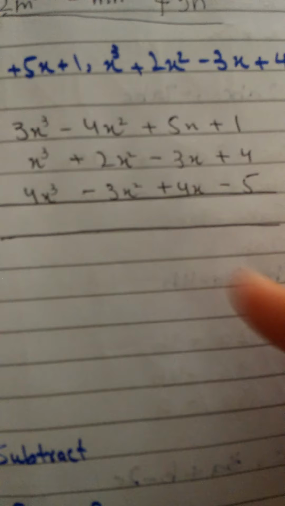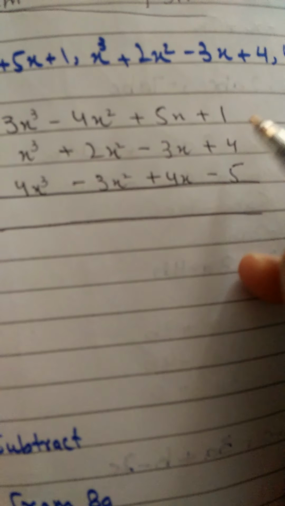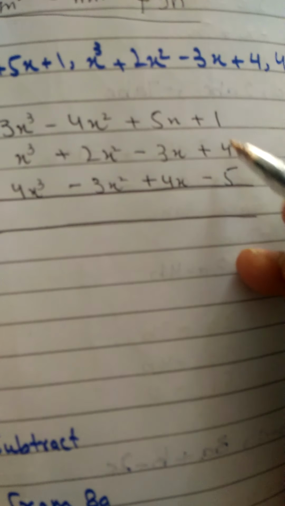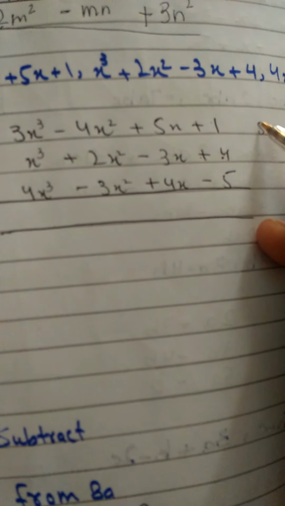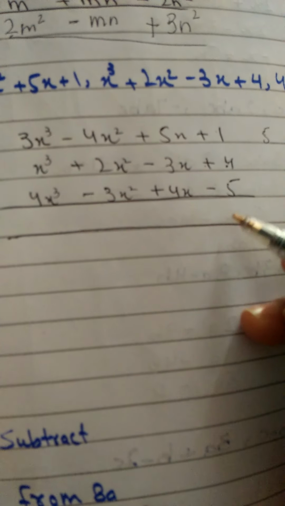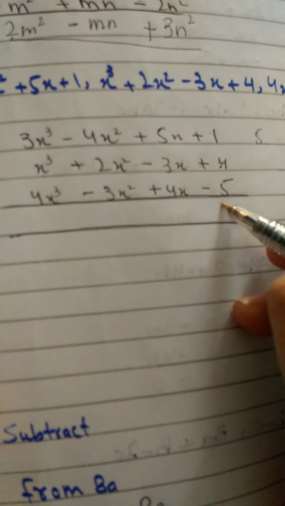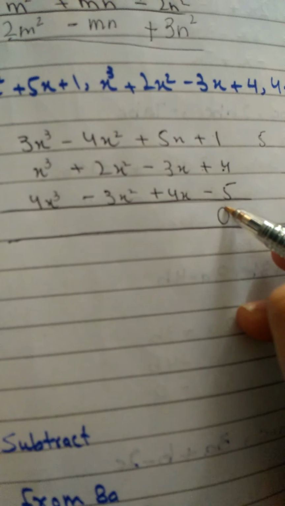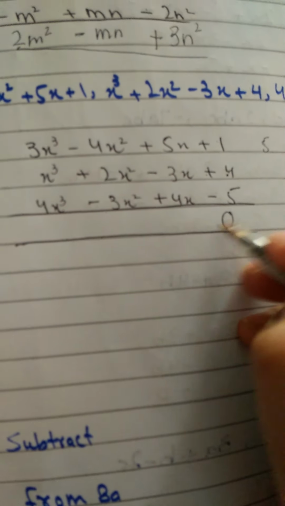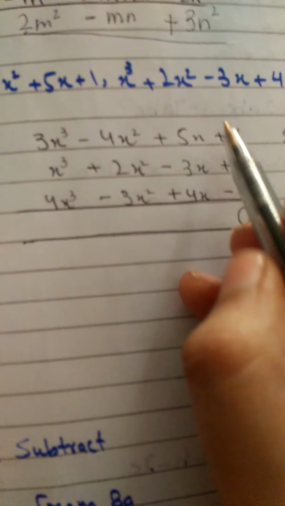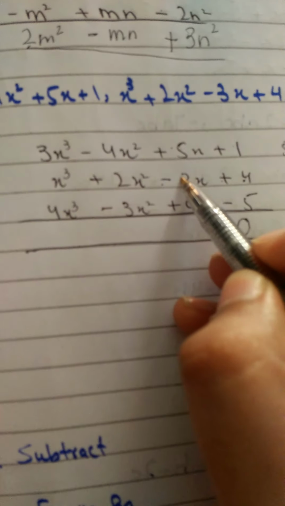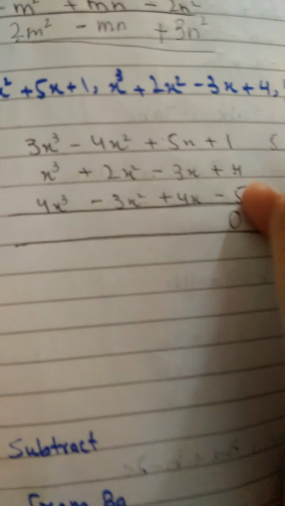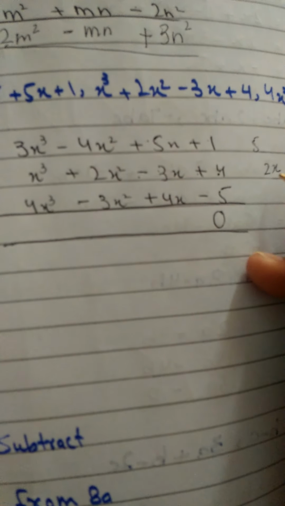Now, in the next part, we are given three algebraic expressions, writing in vertical form. Plus 1 and 4 to get 5. Now, plus 5 and minus 5, we will get 0. So, we will write 0, or we can write nothing at this term. Now 5 plus minus minus 5 minus 3 is 2x, and the sign of greater value, we will get plus 2x.